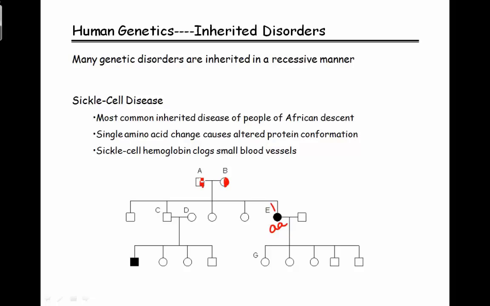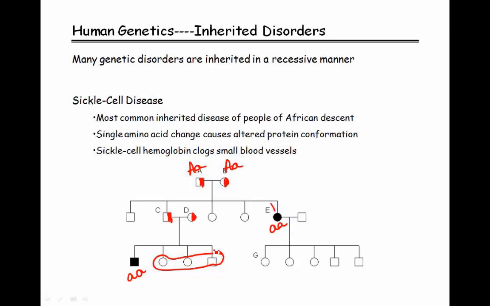So we can shade them in and designate them as carriers if we wanted to here. Notice that this one's siblings over here must have been a carrier because they also had a child that had sickle cell down here. These three individuals, if they've got a brother that has sickle cell, could potentially be carriers, so they may want to get tested as well.